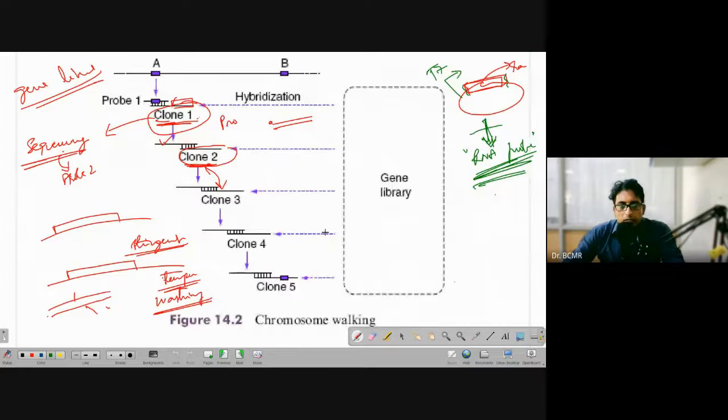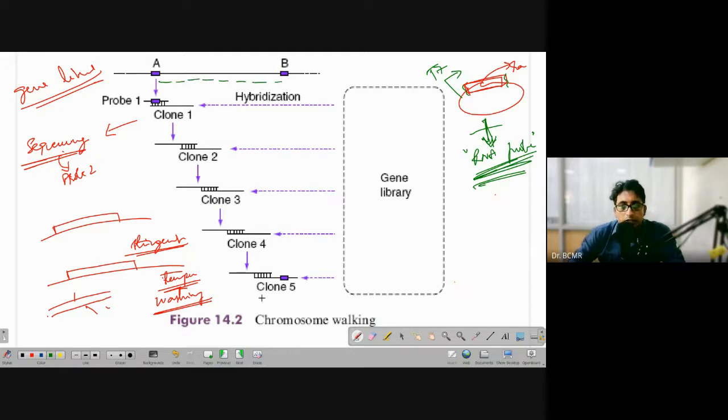We also discussed chromosome walking. Chromosome walking is about identifying the order of genes that are present on a chromosome. When we don't know the order of the genes or the sequences, how can we find it out?